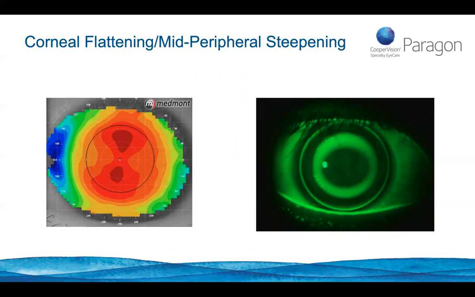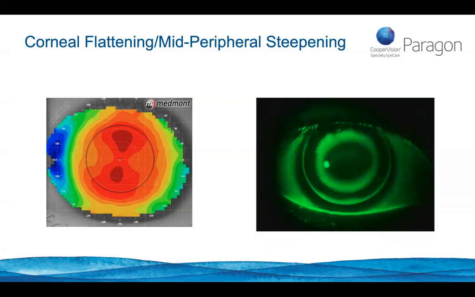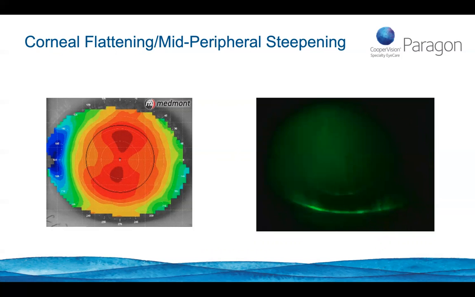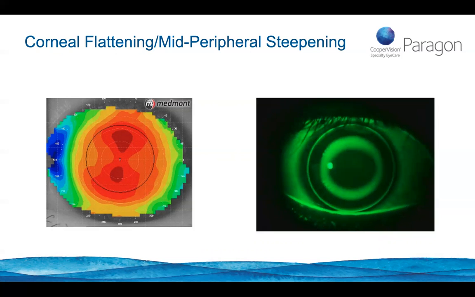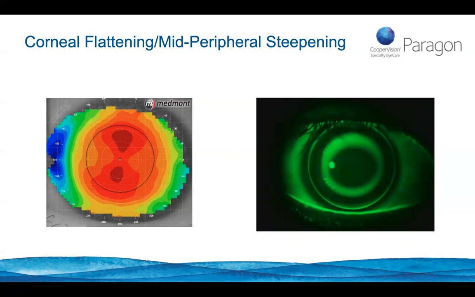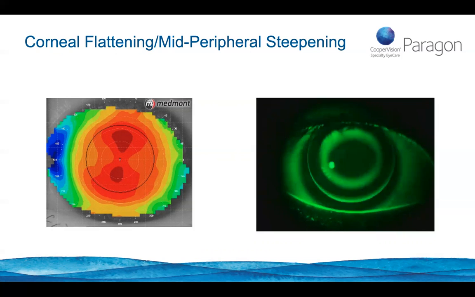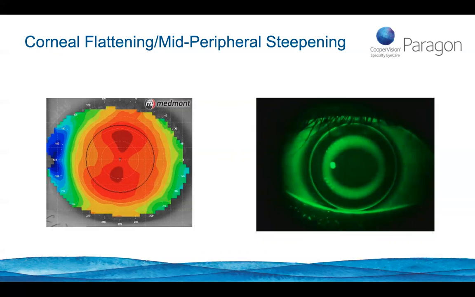So here we have a pre-treatment topography map of the eye, and we see a fluorescein video of the Ortho-K lens on the eye. If we look at this fluorescein video, we notice that in the central treatment area, we have a darker zone, and the lens is actually not touching the cornea, but there's about 5 to 10 microns of space and posterior fluid underneath the lens, between the lens and the cornea.